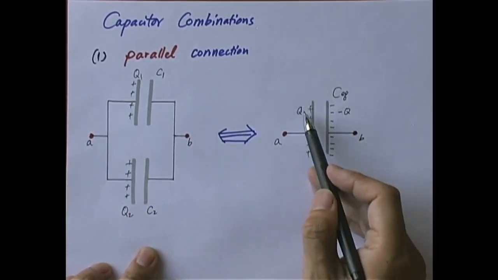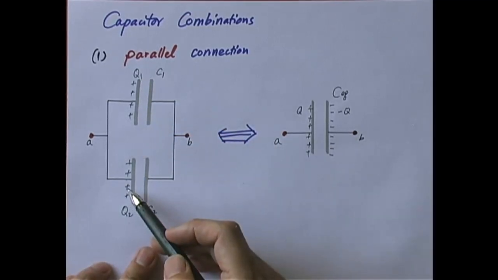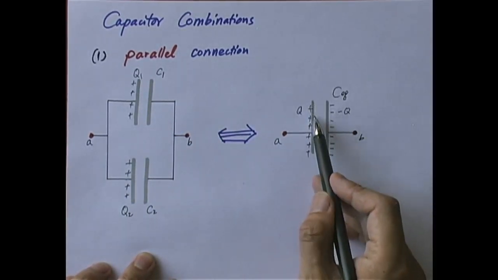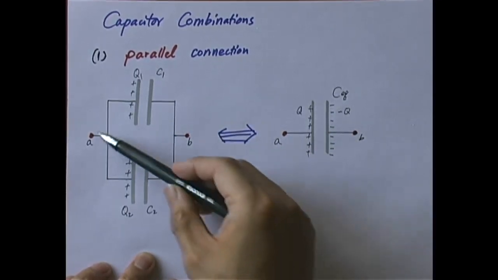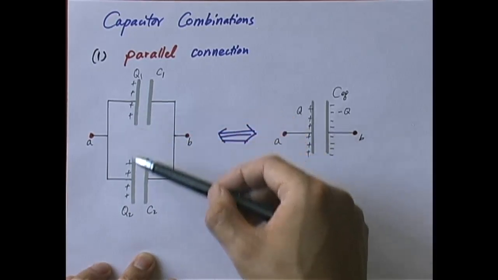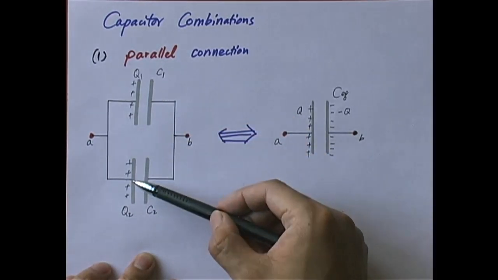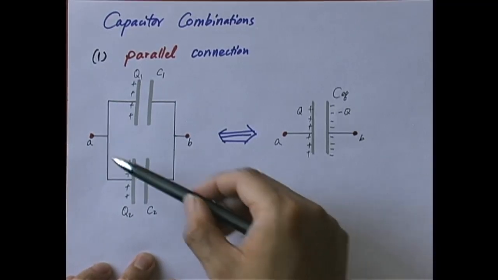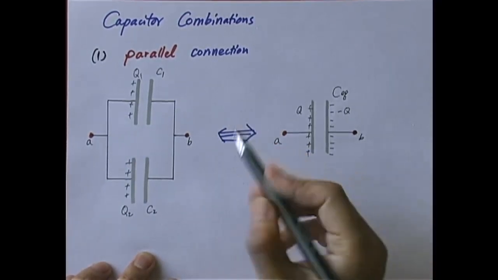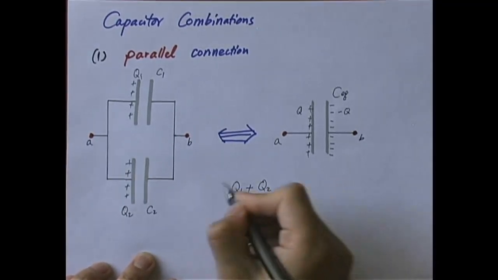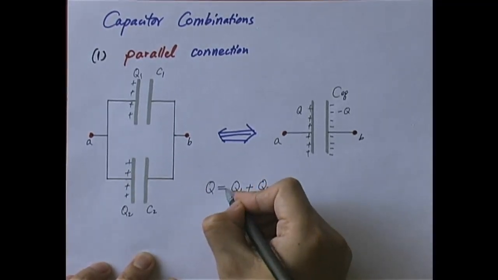How is Q related to Q1 and Q2? Well, Q is the total amount of charge on the plates linked to point A. And linked to point A are these two plates, one carrying charge Q1, the other carrying charge Q2. So how much is the total charge linked to point A? Well, that would be Q1 plus Q2, right? That's Q. Isn't that true?